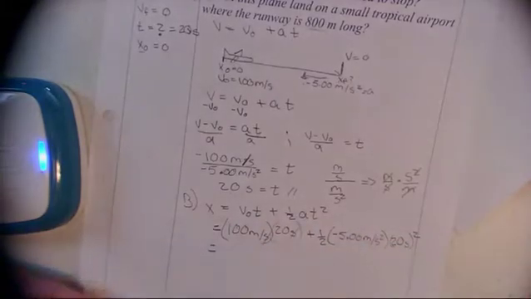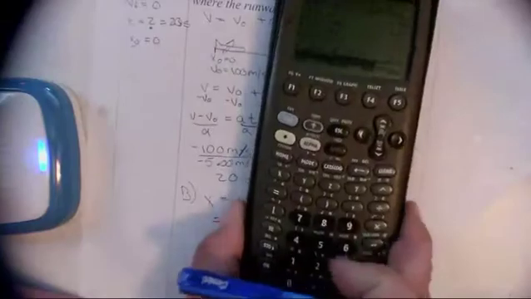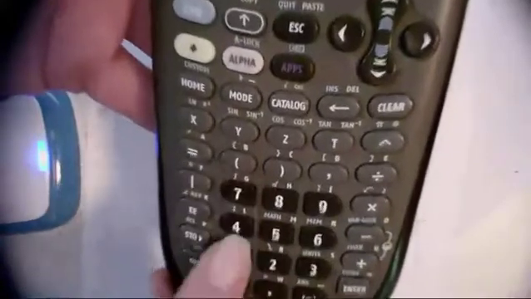So let's do this one step on our calculator. I have parentheses 100 times 20 close parentheses. They're both positive quantities. Plus parentheses. Again, I'm going to change the 1/2 to 0.5 just because that makes me happier.